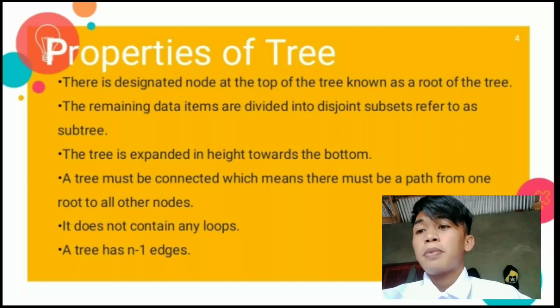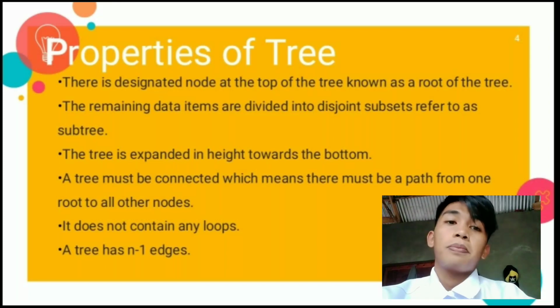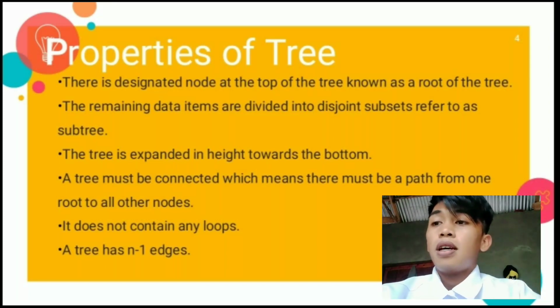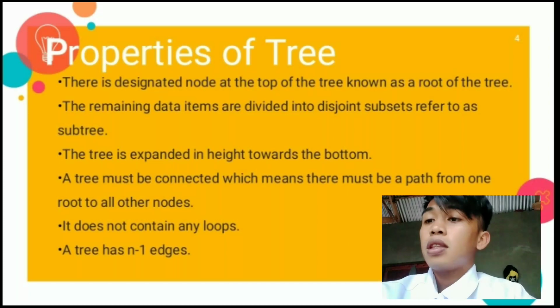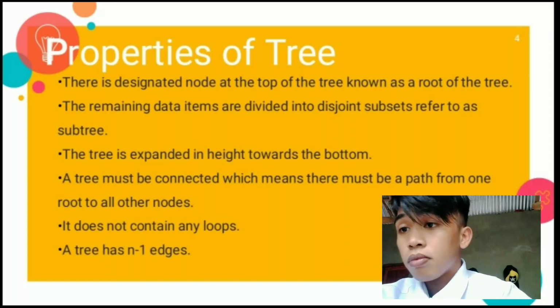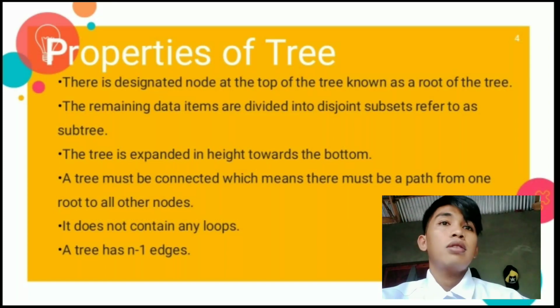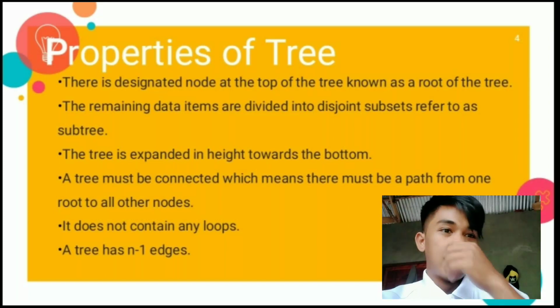The tree is expanded in height towards the bottom. A tree must be connected, which means there must be a path from the root to all other nodes, and it does not contain any loops. And a tree has n minus 1 edges.